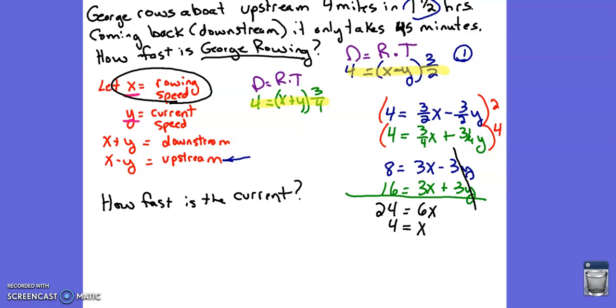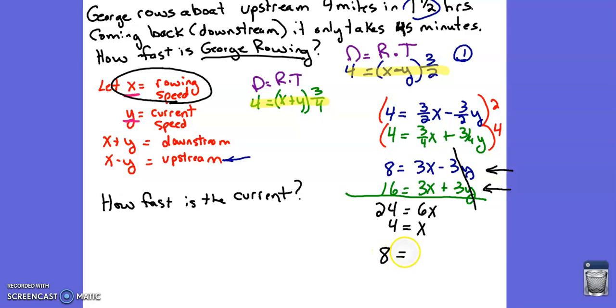So then how fast is the current? Well, what we need to do now is substitute that back in. Normally you plug it into the original problem, but remember this is the original problem, we just got rid of the fractions. So I'm just going to plug it back into either the blue equation or the green. I'm going to plug it into the blue.